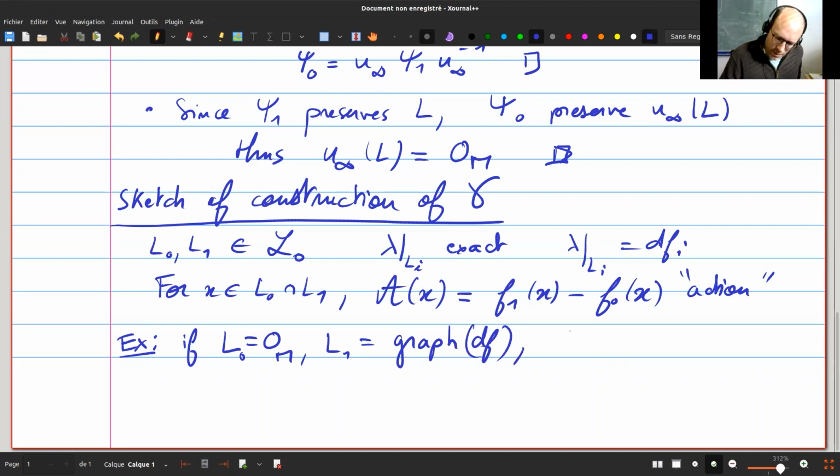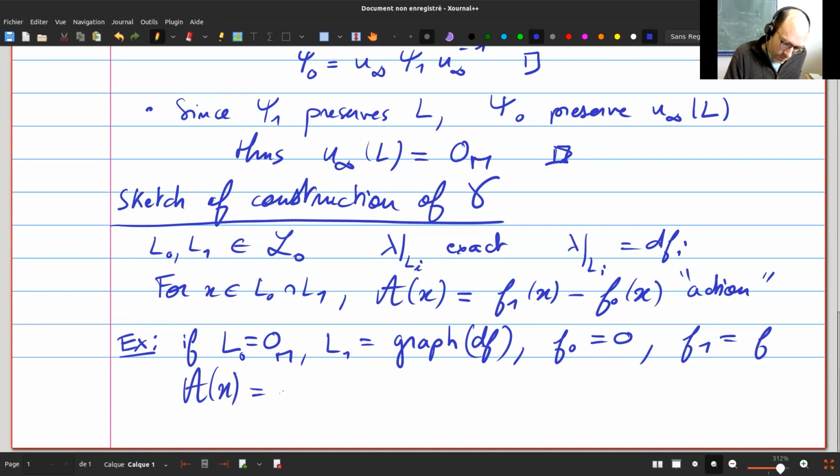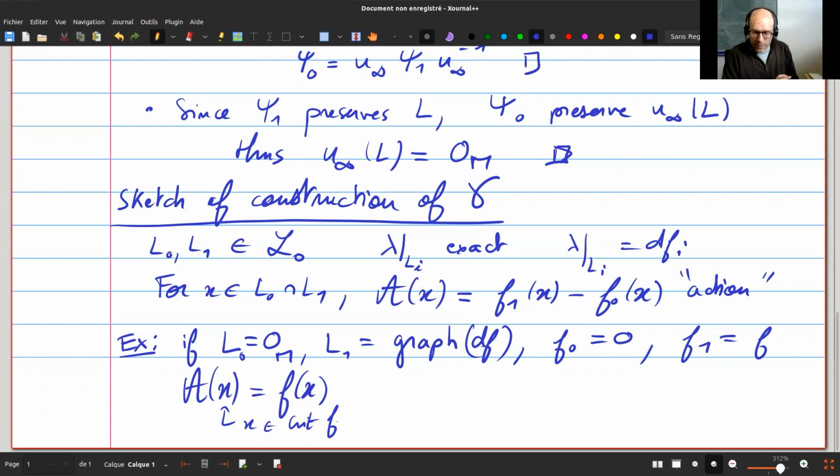Then in that case, I can take, for instance, f0 to be 0 and f1 to be f, maybe f pulled back by the natural projection. And then the action is just the value of f at x, and saying that x is an intersection point means that x is a critical point of f. So in the case of a graph, this action is just this.